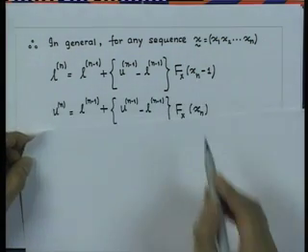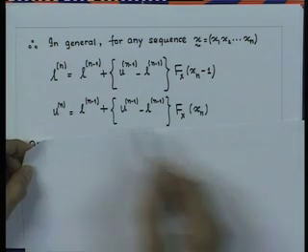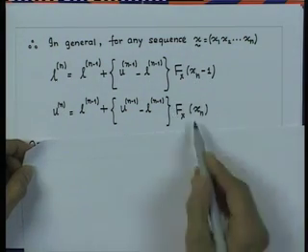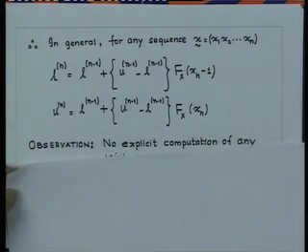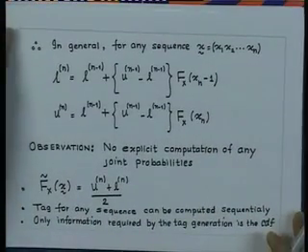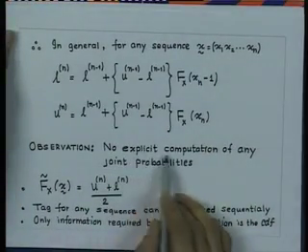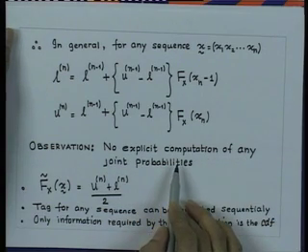So, Fx of xn minus 1, and then for the upper limit it is the cumulative distribution function for the symbol xn. So, if you look at this procedure, we see that there is no explicit computation of any joint probabilities.